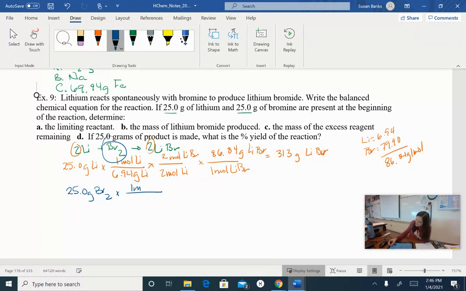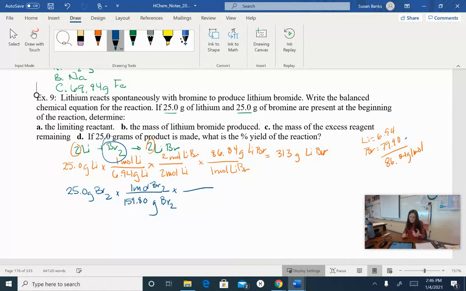So I'm going to have to take that 79.9 and multiply it by 2 to get 1 mole of bromine because it's Br2 for my molecular mass. So 79.9 times 2 gives me 159.80 grams of bromine for 1 mole of bromine. Don't forget to multiply it by 2 because it's diatomic.